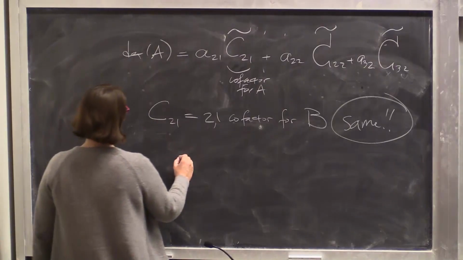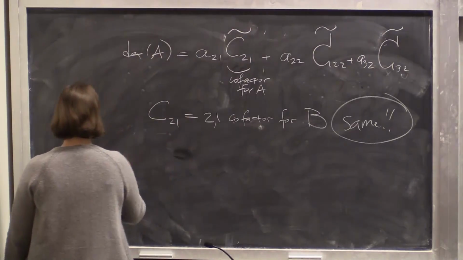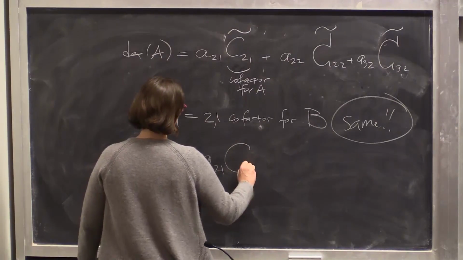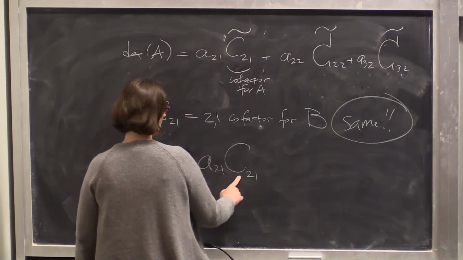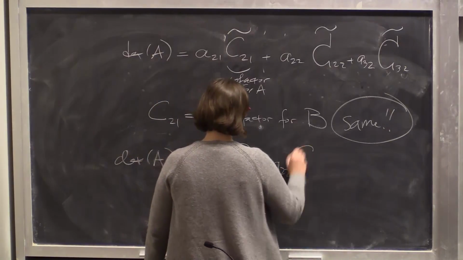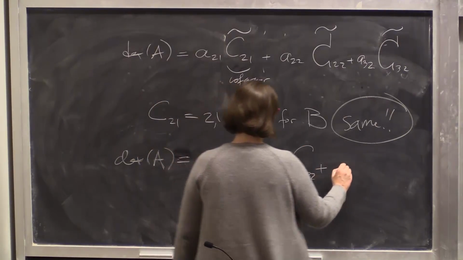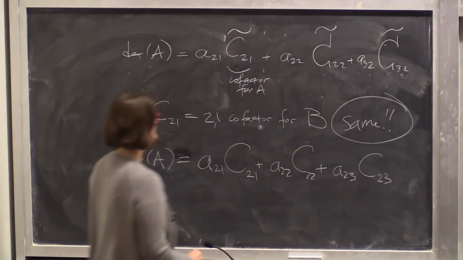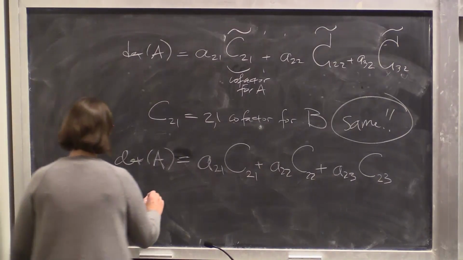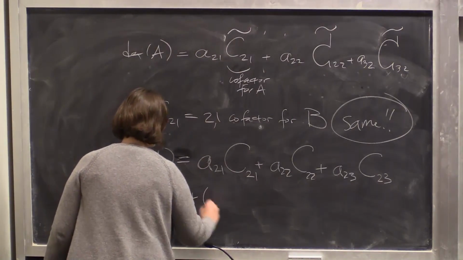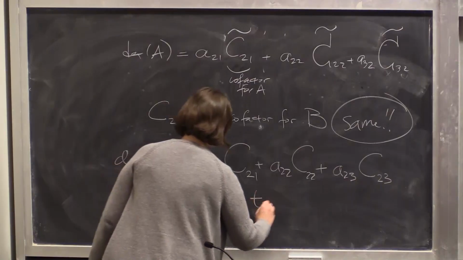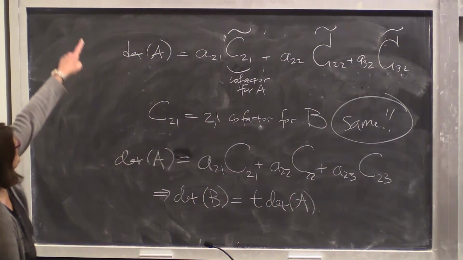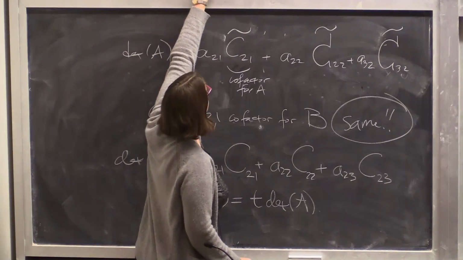So this tells us that the determinant of A equals A21, the 2-1 cofactor for B, plus A22, the 2-2 cofactor for B, plus A23, the 2-3 cofactor for B. And so that tells us that the determinant of B is equal to T times the determinant of A, because the determinant of B was T times that thing.